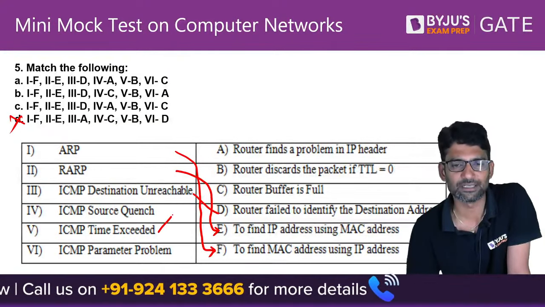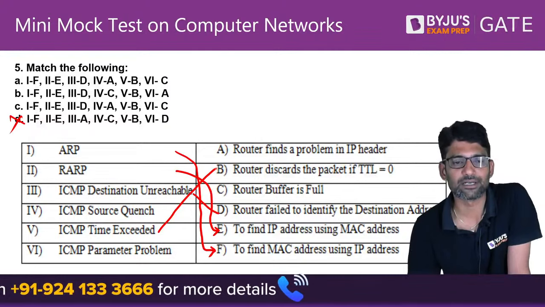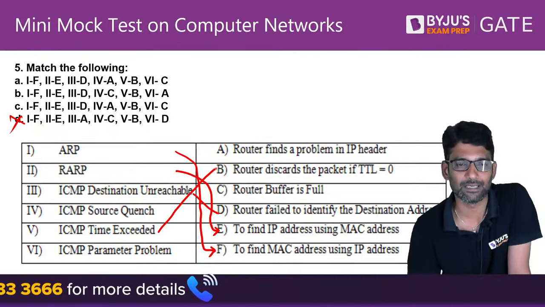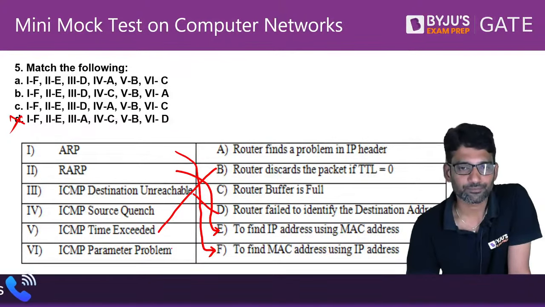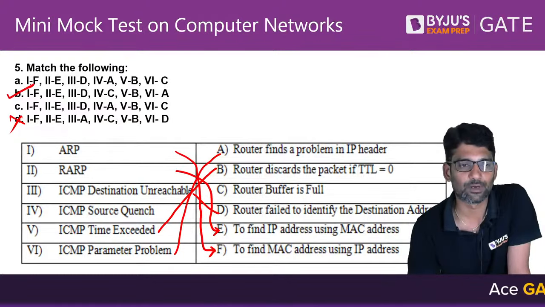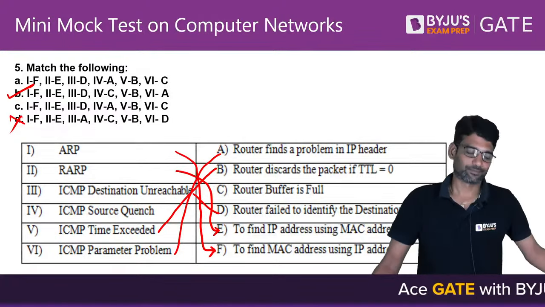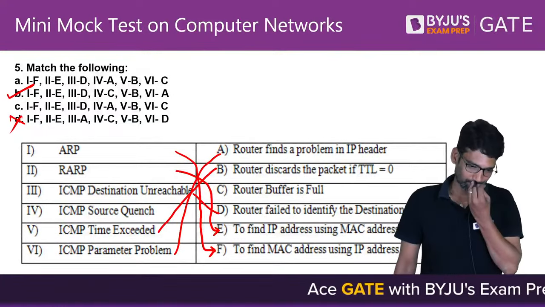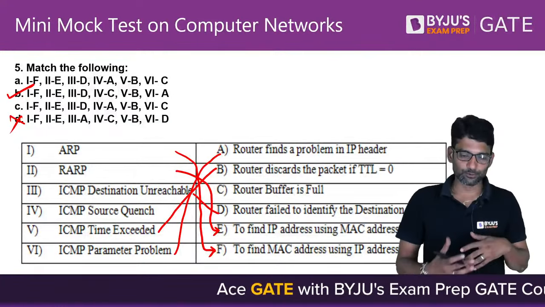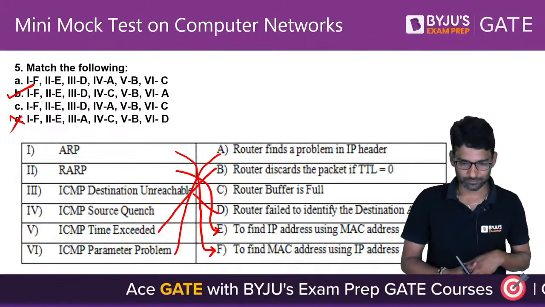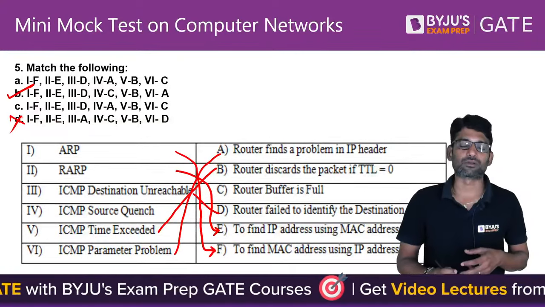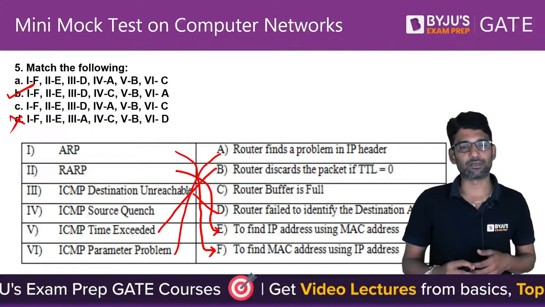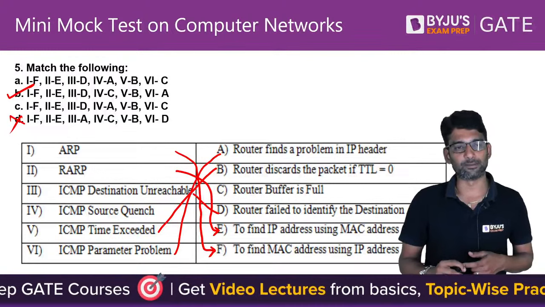Here actually you can easily find time exceeded means 5 would be B. So all have 5B. Now parameter problem, 6A. So only one option is there. Unable to find. Source quench means buffer is full.